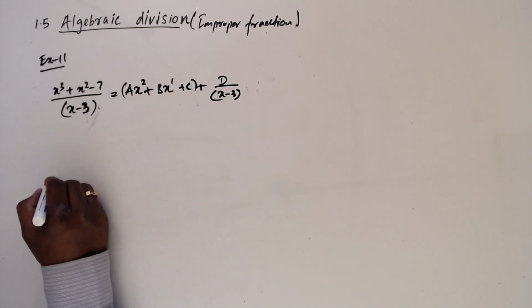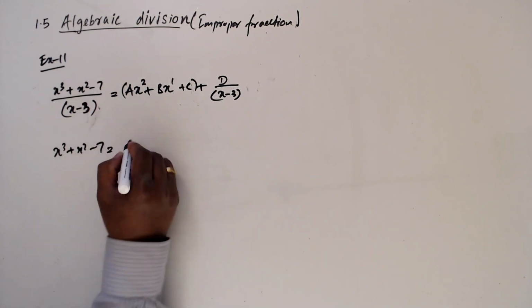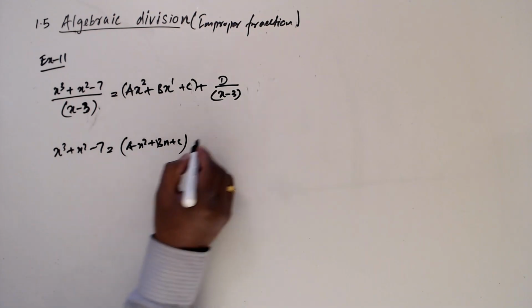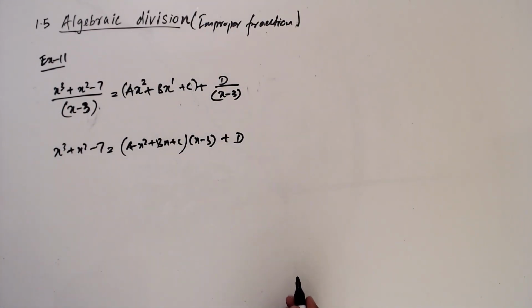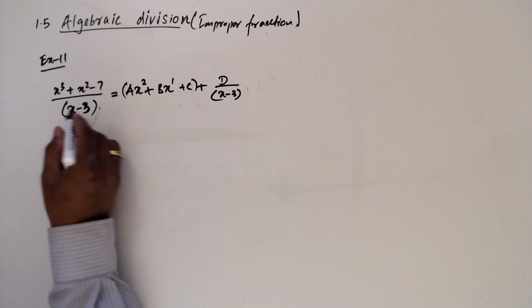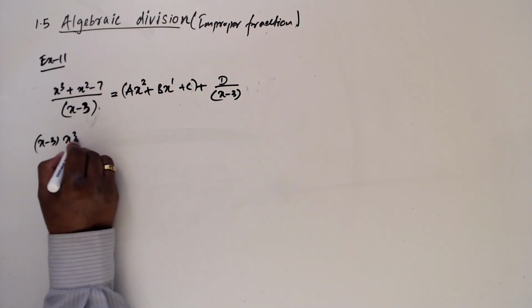I'll write it like this: x cubed minus x square minus 7 equals (ax square plus bx plus c) times (x minus 3) plus D. So what I did was multiply x minus 3 on all the terms, both sides.